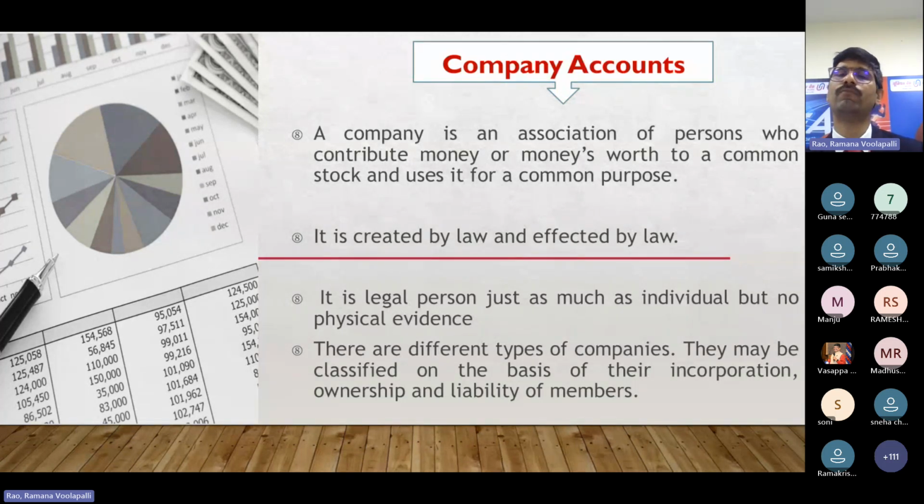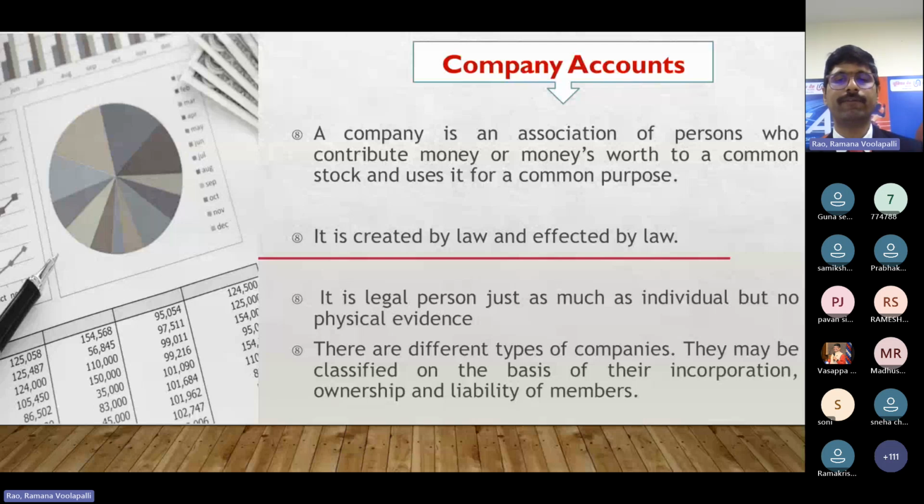So try to understand what a company is. A company is an association of persons who contribute money or money's worth to a common stock and use it for a common purpose. It is created by law and affected by law. It is a legal person just as much as an individual, but no physical evidence is there; it is not physically visible.